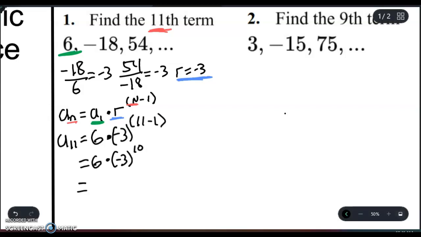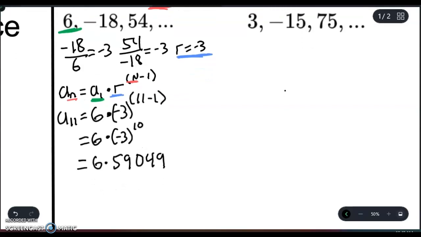So now we have 6 times negative 3 raised to the 10th, which is 59,049. These numbers are so big, I might just read them to you without saying the place value. Now we multiply 6 times 59,049, and you get 354,294.